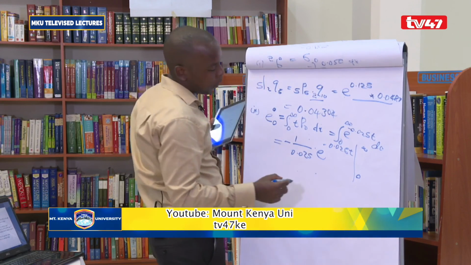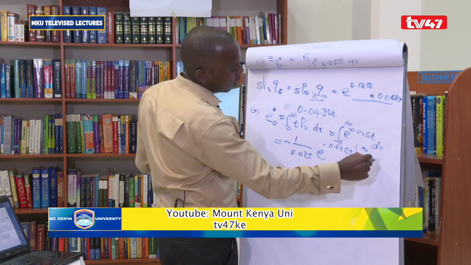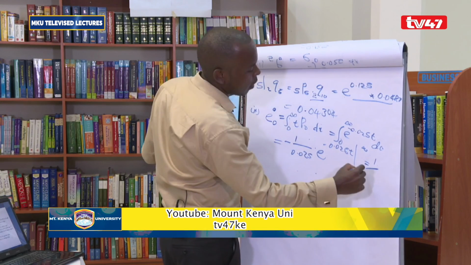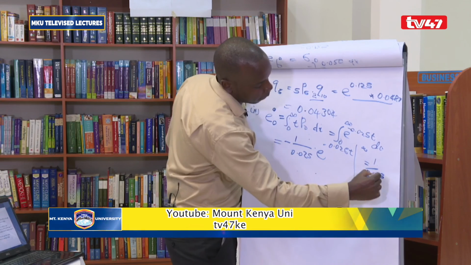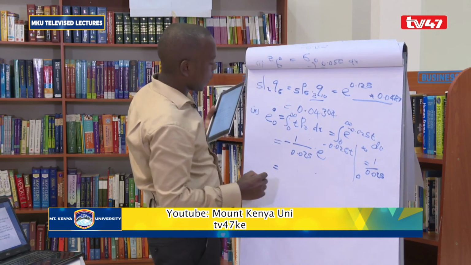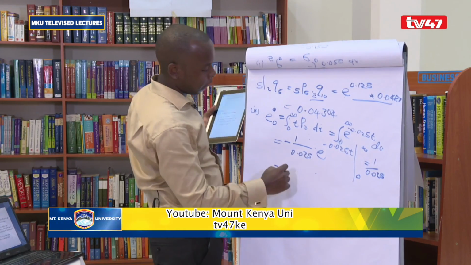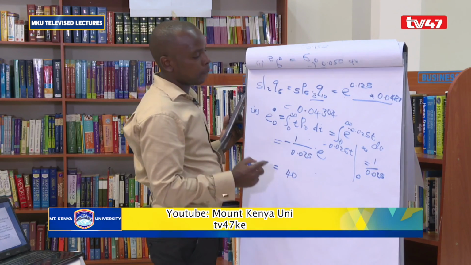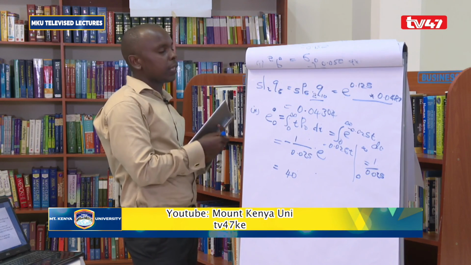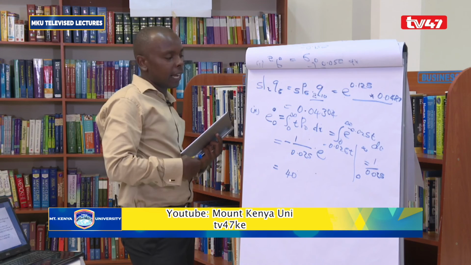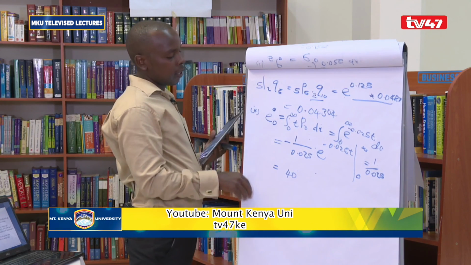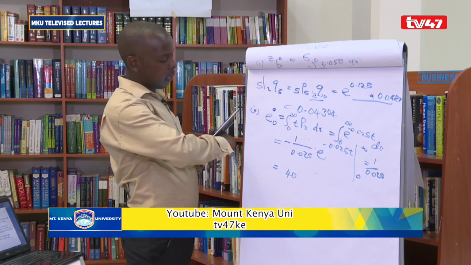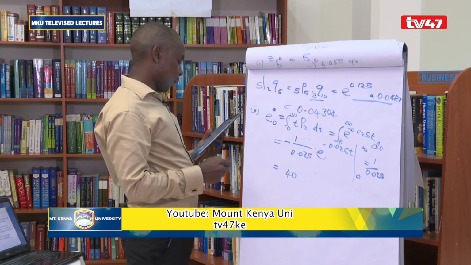So what you end up with is 1 all over 0.025, and this is giving us 40. So the expectation of life for this particular life, or the average as we defined, is 40.